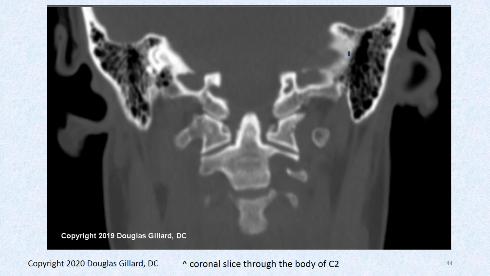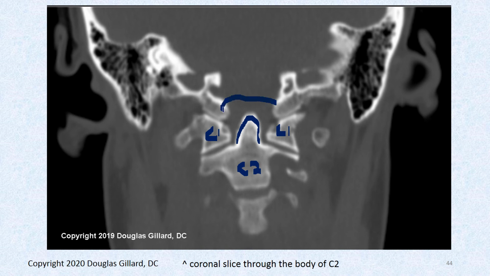Here is an example of a coronal cut through the C2 vertebrae. When you're looking at MRI or CT and you don't know where you are, always look for this little peg, because there's only one vertebra that has this little peg called the odontoid process. That's C2. So this is the lateral mass of atlas, C1, lateral mass right and left.